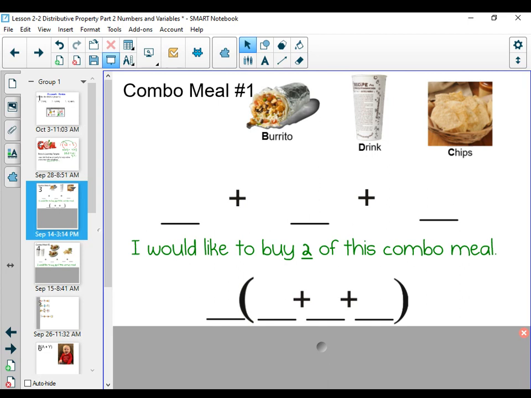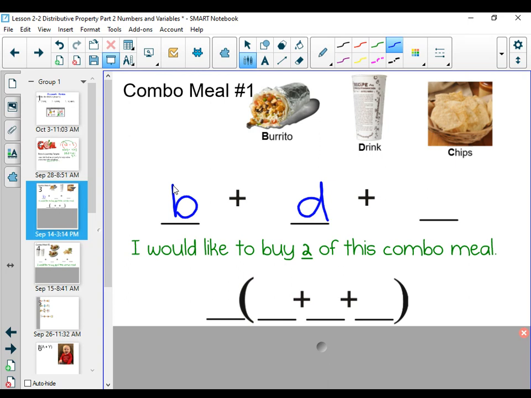For example, if you are at Chipotle or Bluestone or Qdoba or wherever you like to buy burritos, there is a combo meal that says you could buy a burrito, a drink, and some chips together.